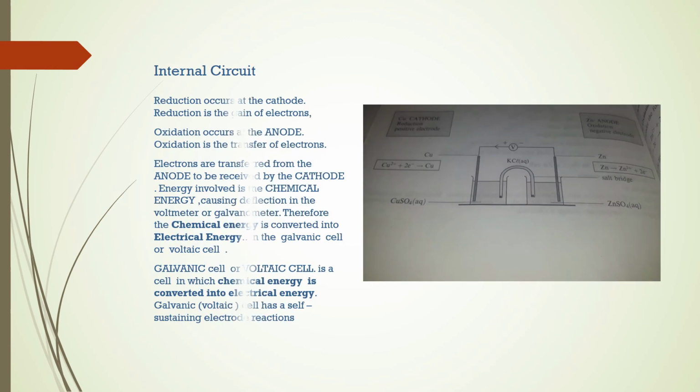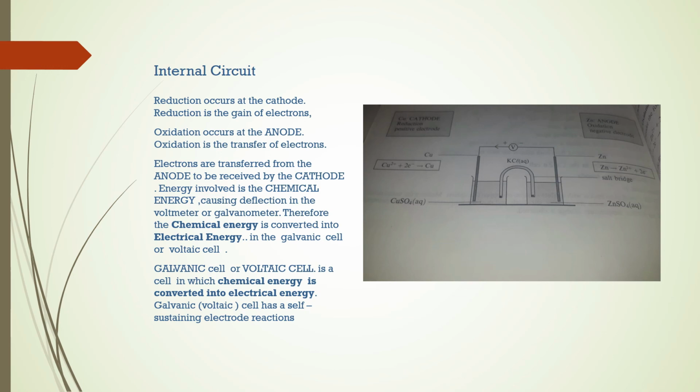The process from the internal circuit: reduction occurs at the cathode. Reduction is the gain of electrons. Oxidation occurs at the anode. Oxidation is the loss of electrons. Electrons are transferred from the anode to be received by the cathode.